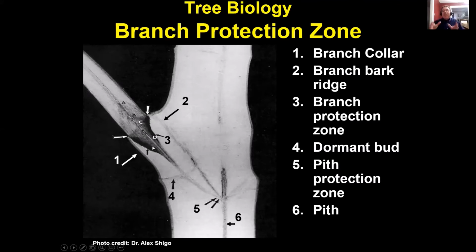By keeping that branch collar intact, a healthy tree just walls off that decay and tries to close the wound. What we want to do through pruning is help it, right? So when we make our cut, we just want to cut dead wood off if there's a dead branch there. We don't want to cut into branch collar because now we're cutting into the trunk, and we're going to allow decay to spread into the trunk where it really shouldn't be, right?